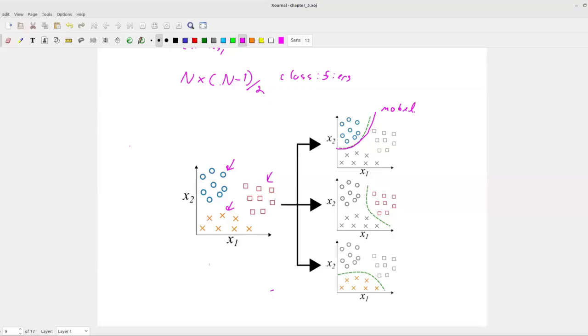Every instance on that x1, x2 plane is going to get a score for the blue circle classifier. Now I'm going to train a classifier for red squares. And every instance on that x1, x2 plane is going to get a score for is it a red square? And then I'm going to train a classifier for orange X's.